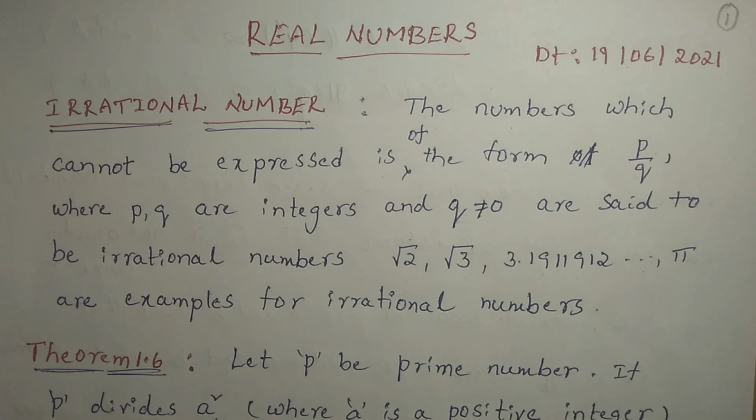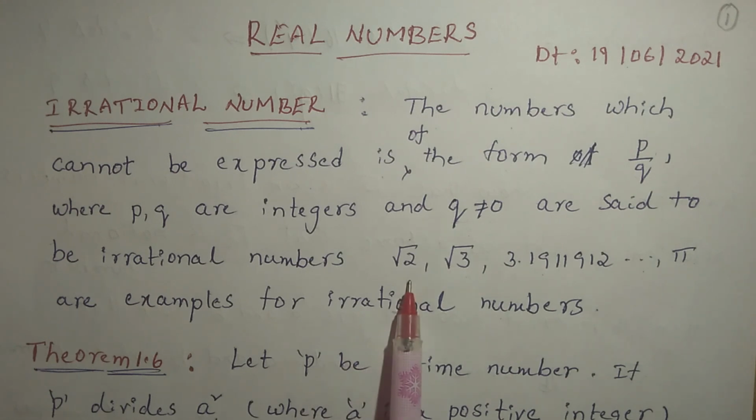If we can express a number in the form p by q, it is called rational. If we cannot express it in the form p by q, then the number is called an irrational number. Also, the decimal expansion of an irrational number is non-terminating and non-recurring, meaning non-repeating.